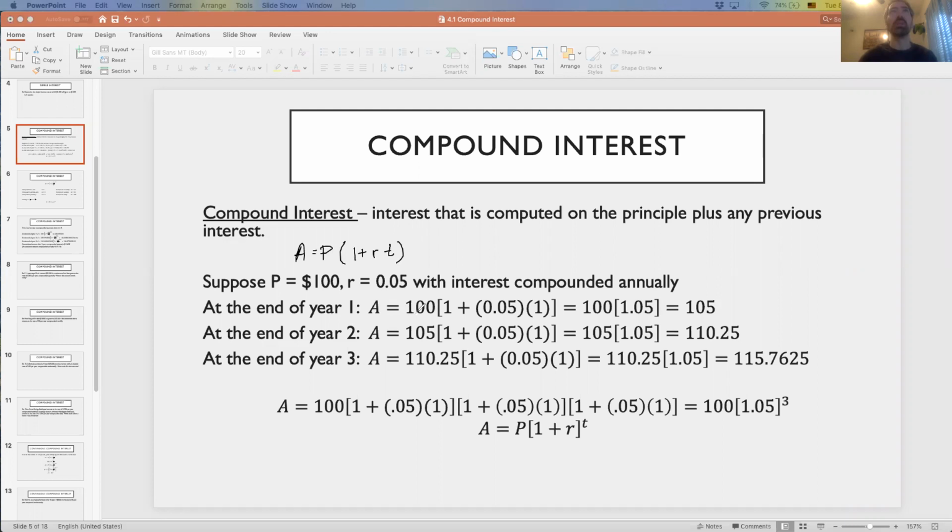All right, so A equals 100 times 1 plus 0.05 times 1. That will give us an answer of 105, right? So at the end of year one, we'll earn $5 in interest plus the original $100.